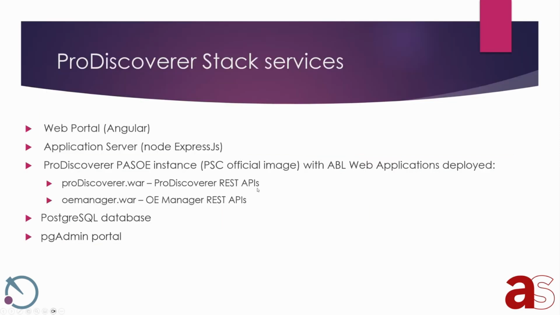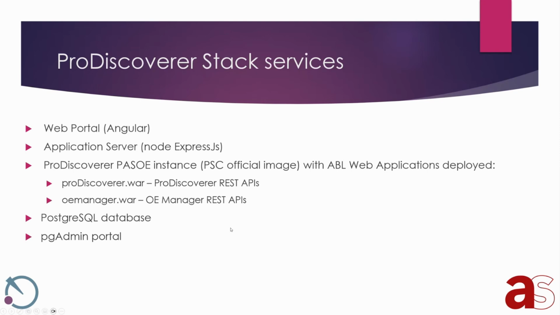So the stack itself is a web portal built with Angular. The application server on the back end is Node.js. We have a PASOE instance that is built with the official Progress Docker image with some web applications deployed to it. We have a proprietary ProDiscoverer WAR file, and then we have the OE Manager WAR file that allows us to access the OE Manager REST APIs.